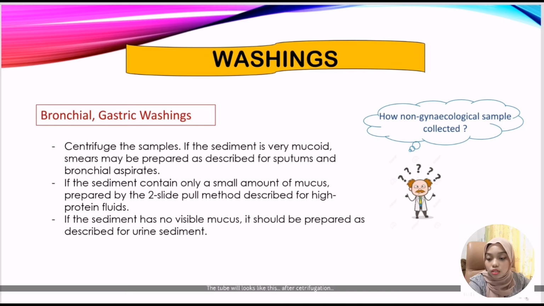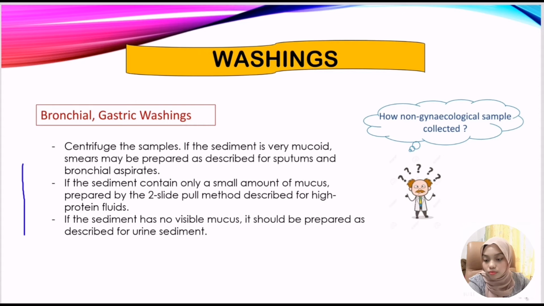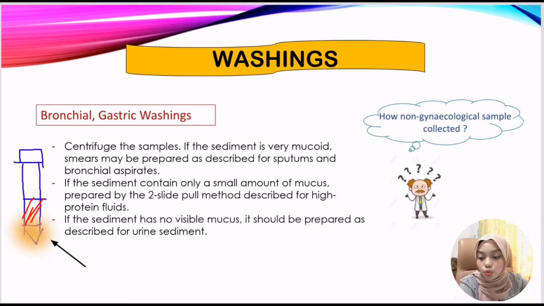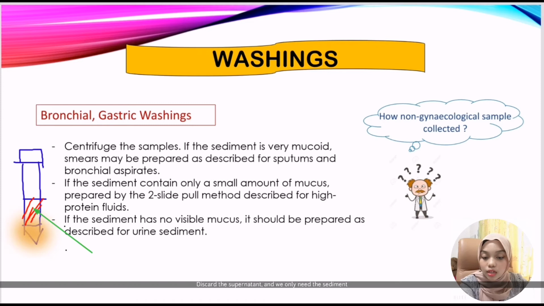So the tube looks like this after centrifugation. This is the sediment, and the upper part is the supernatant. So we discard the supernatant and we only need the sediment.